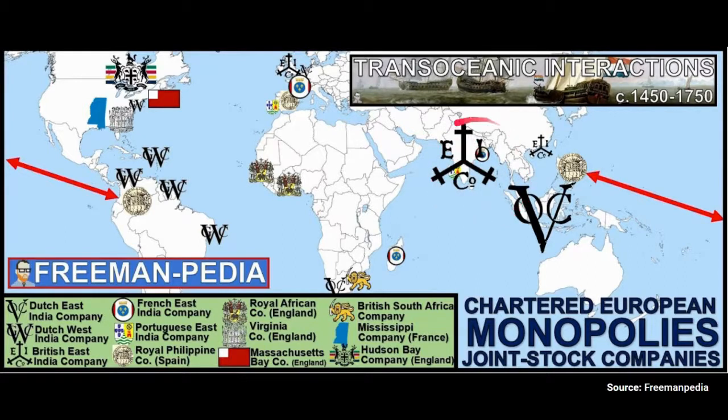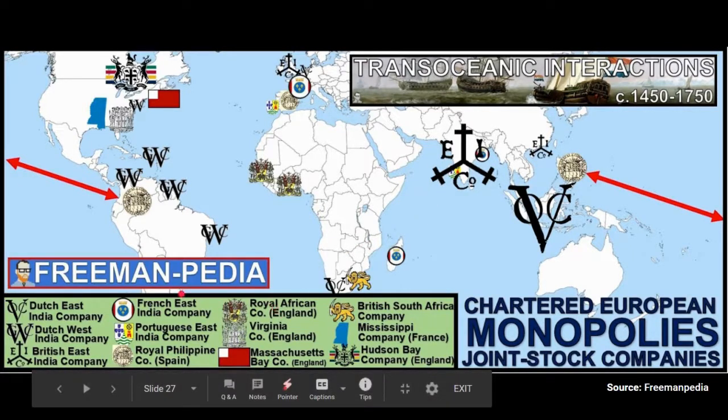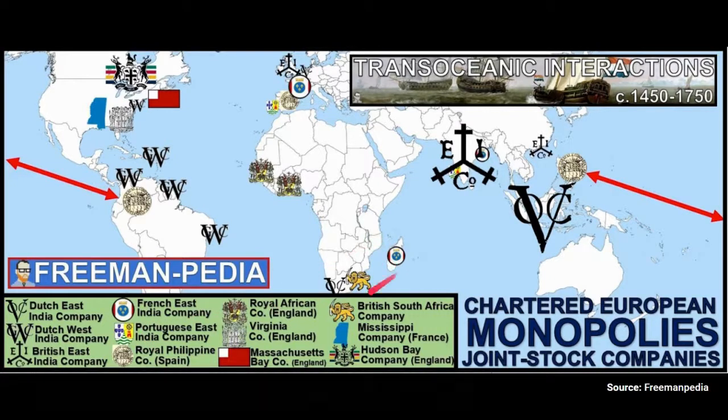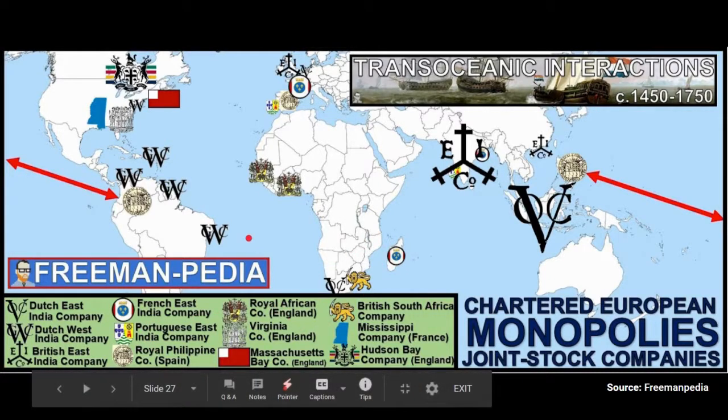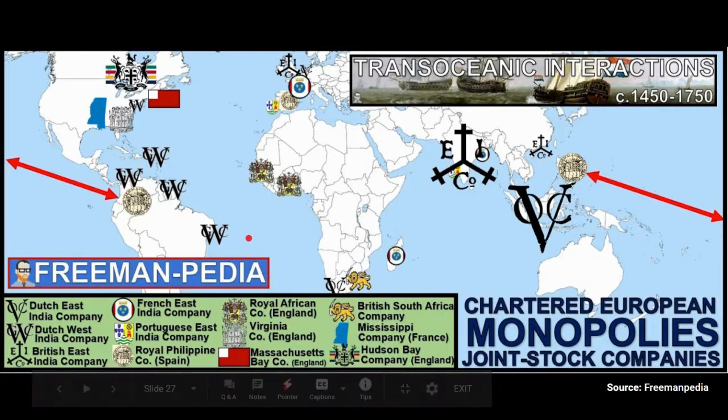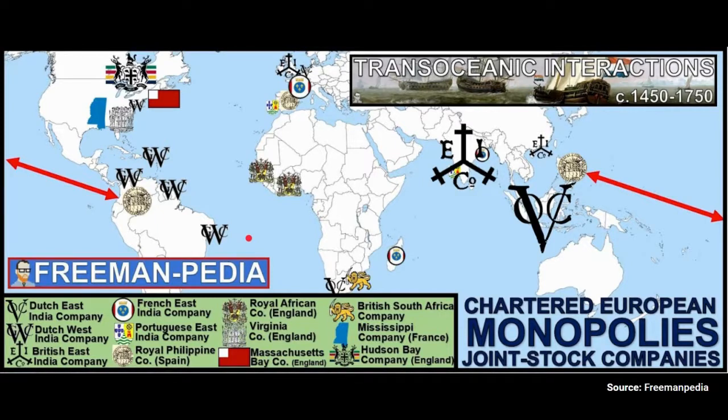The British East India Company having control over a lot of India, for instance, shouldn't surprise anyone. You can see that everyone basically engaged in these things, so there was a French one as well, but the Dutch and the British were the two that really were the leaders in this, and you can see that they're more heavily represented accordingly, so it makes sense.